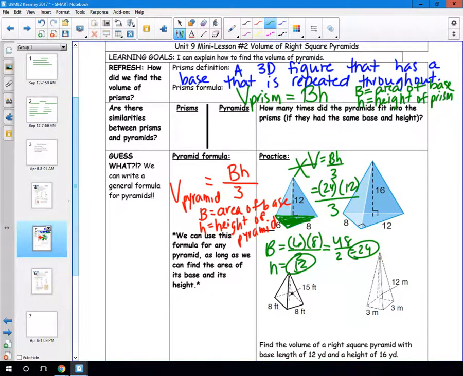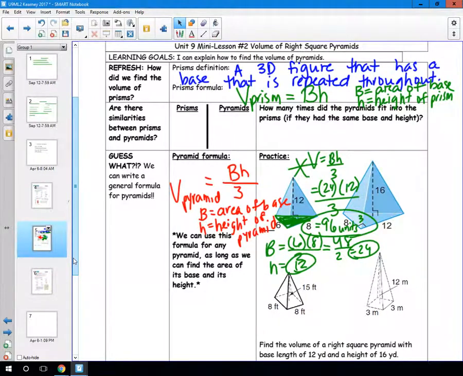So if we plug that in our calculator, we would get 24 times 12, and then divide by 3, and we get 96. So 96 units cubed. Okay? So just to recap, I had to find my big B, my area of my base, then I multiplied times the height, and then I divided by 3.